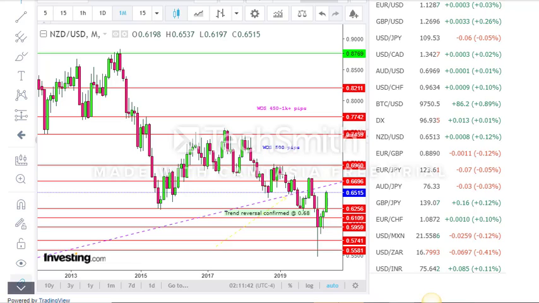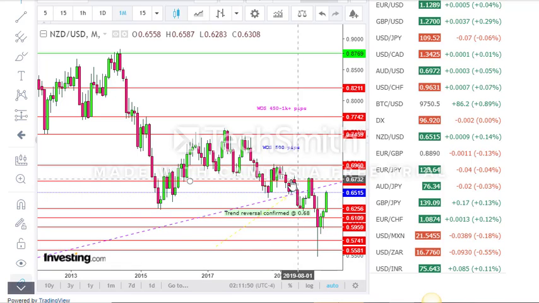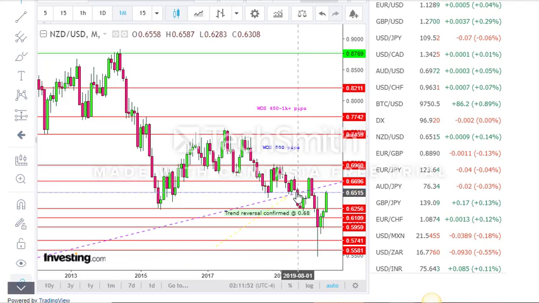Okay, so with this particular pair, its primary trend is currently a downtrend because, as you can see here, the uptrend was surpassed. It was passed, then tested. It tried to go back into its original uptrend, but then there was rejection and a huge bearish engulfing candle, and then so on.